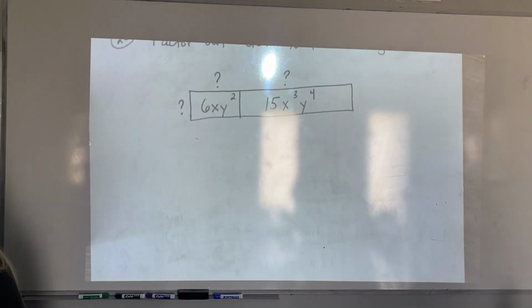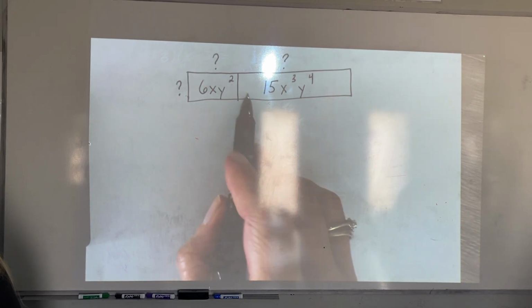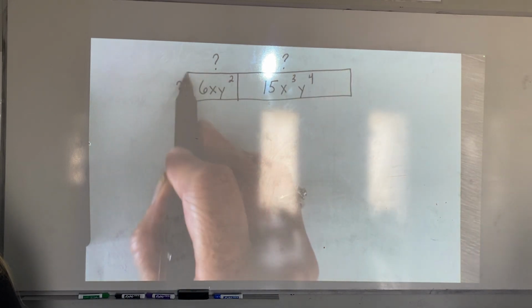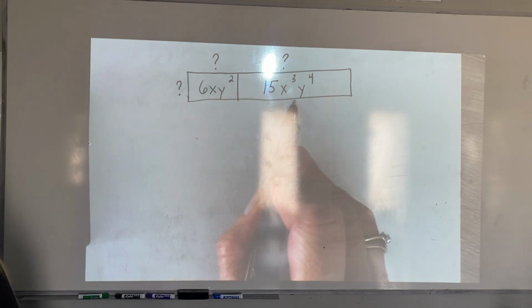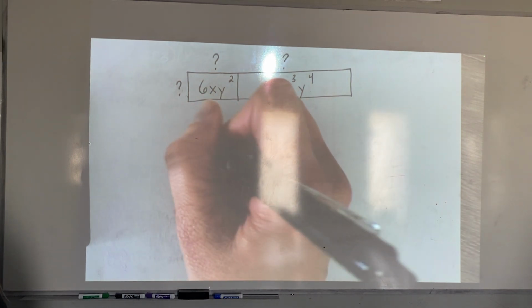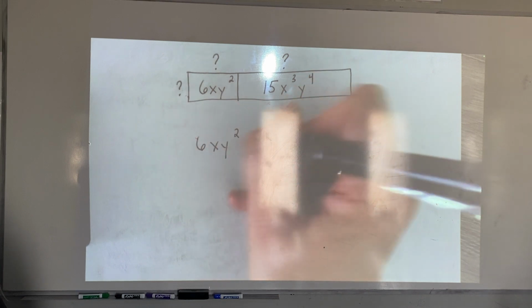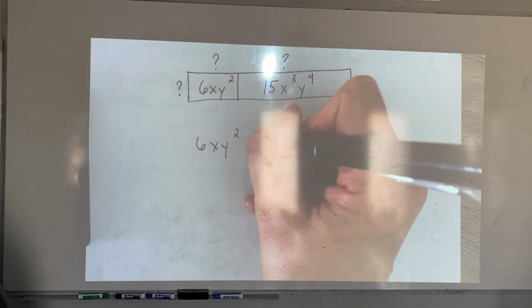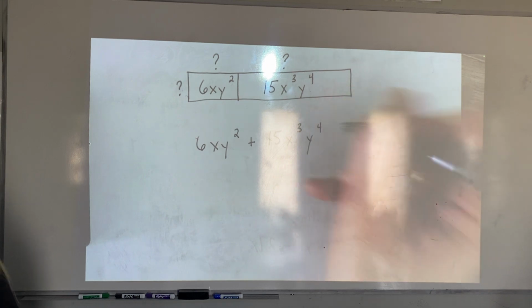Okay, so to factor it out, I'm going to have to take the entire area, which would be this and this. What does and mean? Add, very good. So the entire area is 6xy squared plus 15x cubed y to the fourth.